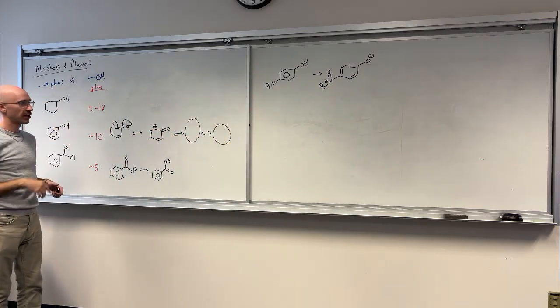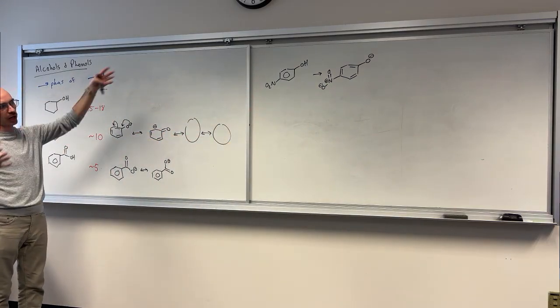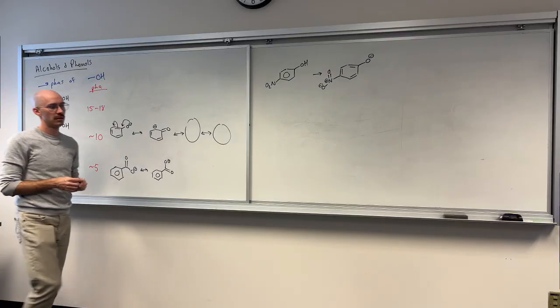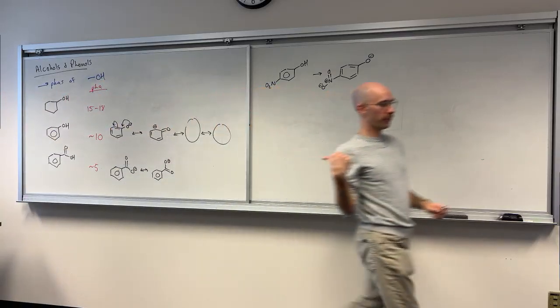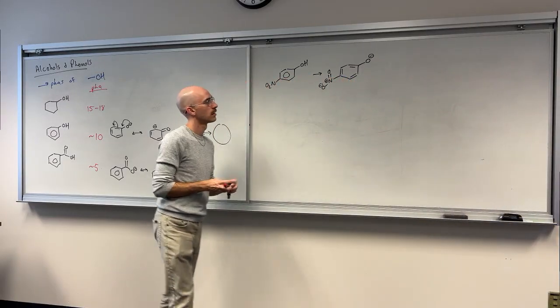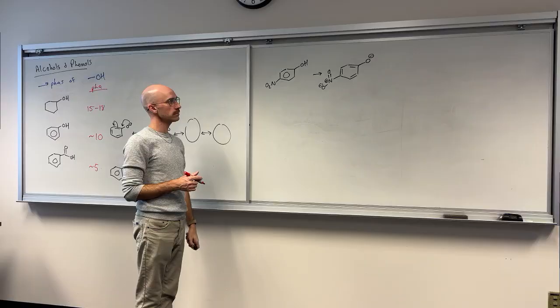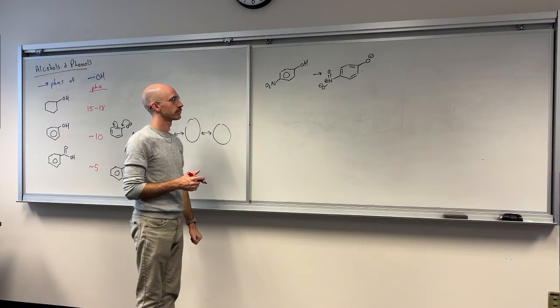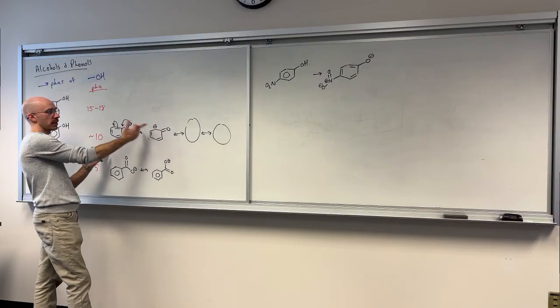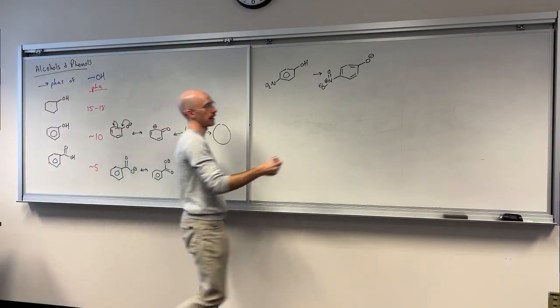So here's my conjugate base, and I'm drawing out the nitro group now. We know that the phenol already conjugates to the ring. So we know that the conjugate base can already share its electrons into the ring.